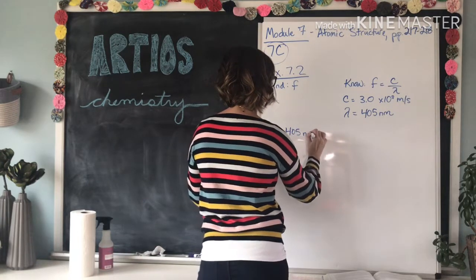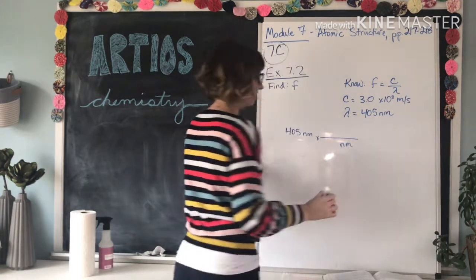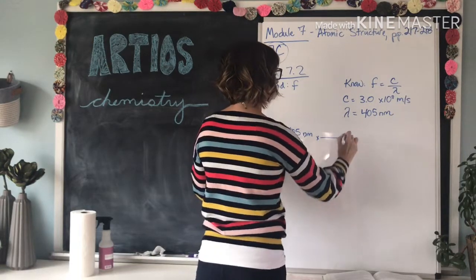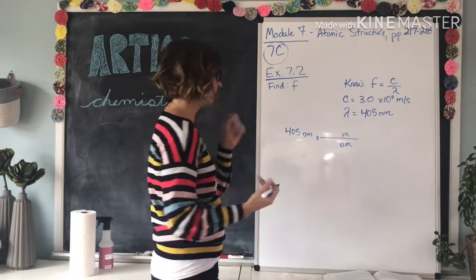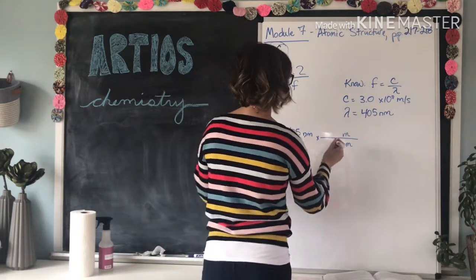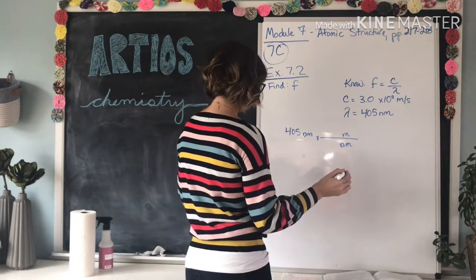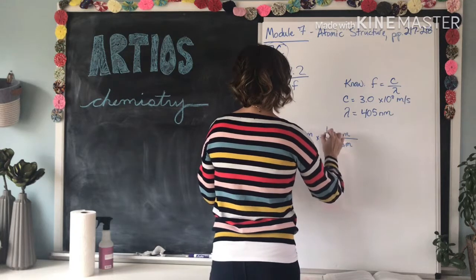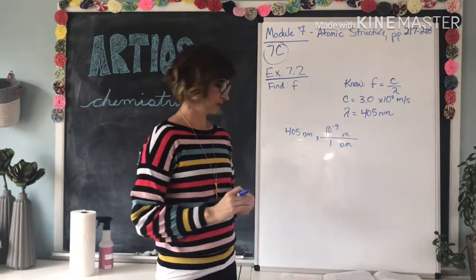405 nanometers times, we want nanometers to be on the bottom so that those units cancel each other out. And we want meters to be on the top because we are trying to get into meters. Okay? Now I plug in my numbers. I know that 1 nanometer is 10 to the negative 9th meters, okay?